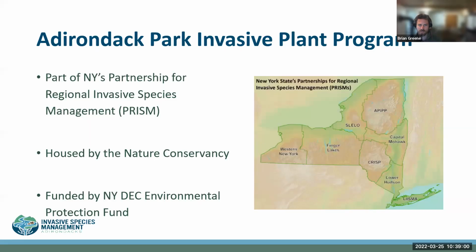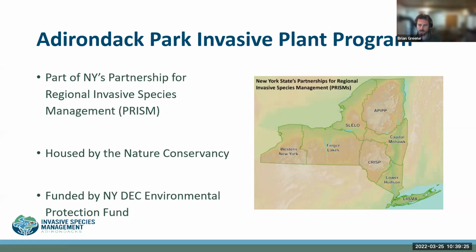And I work for the Adirondack Park Invasive Plant Program. We are one of the 8 New York partnerships for regional invasive species management. They're called PRISMs. You can see a map. We are in charge of the Adirondack Park going up north to Canada. We are housed by the Nature Conservancy in Keene Valley, and the majority of the funding comes from the New York DEC Environmental Protection Fund.